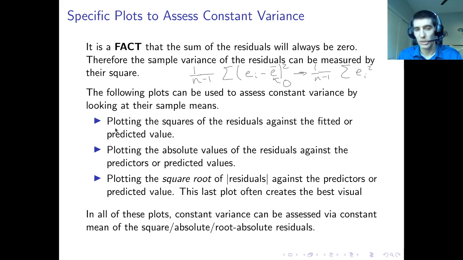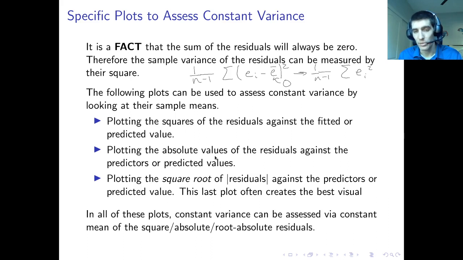Okay, so we can plot the square of the residuals against the fitted or predicted value. This is a way to assess constant variance. We're looking for a constant mean of the square of the residuals as an assessment of constant variance. Sometimes, if you have large residual values which are extreme, it can be hard to look at it on that scale.